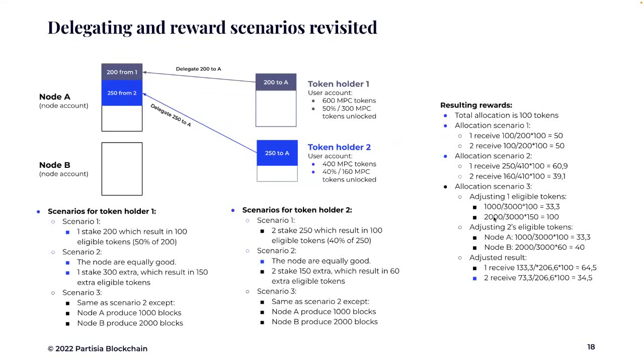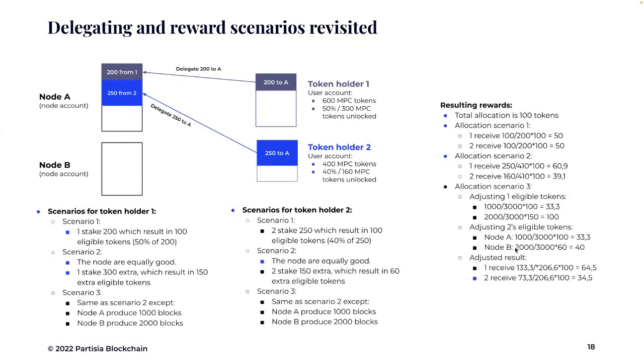And for node operator B, it would be 2,000 divided by 2,000, since B is the best performing node. So there should have been no adjustment for node operator B. I'm sorry about these numbers, because again, they should have been 2,000. The animation was not there either. Anyway, I hope you can follow this. I'll make sure that you get the slides with the proper animations and with the right numbers here.